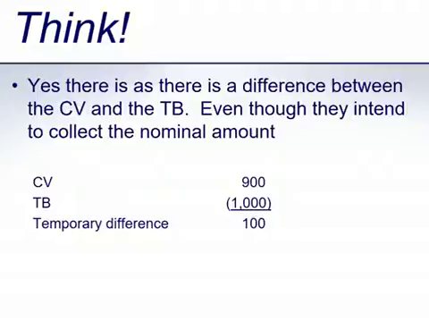It would basically be the full original face value or carrying amount of the instrument. Even though the carrying amount has reduced to $900, the tax base remains $1,000. The tax authorities are not going to change what will be deducted for tax purposes upon collection of the money.